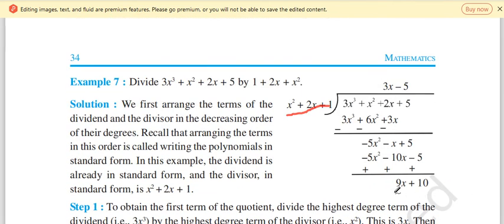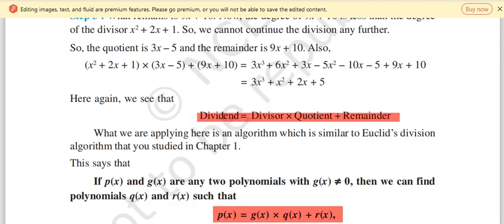And we got the remainder 9x plus x square. The degree of divisor is 2 and degree of remainder is 1. So the degree of remainder is less than the degree of divisor. Okay, this is right. We also know dividend equals divisor into quotient plus remainder by the division algorithm.